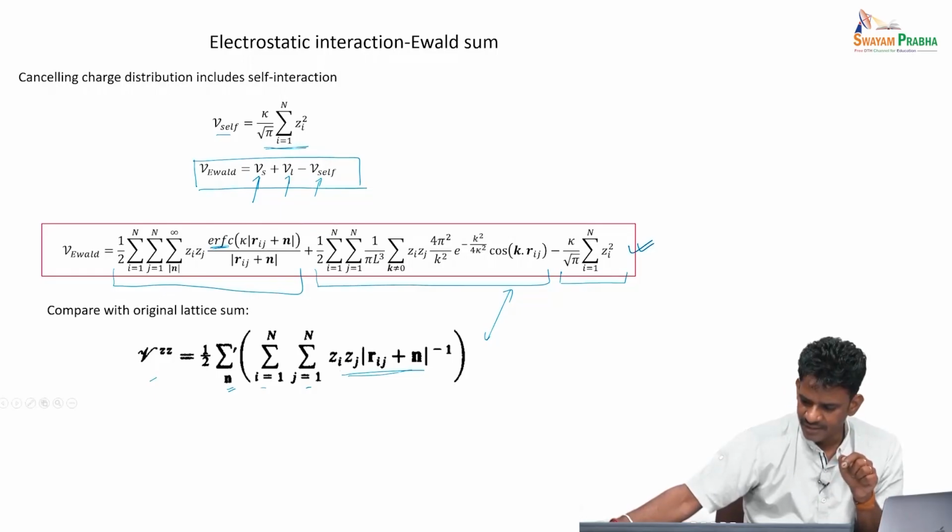The second part, the sum over all the wave vectors, does not matter. You can choose the wave vectors in whichever way you want. There is no convergence issue in the order of summation. So we are able to eliminate the convergence problem by splitting into these two forms, short range and long range.